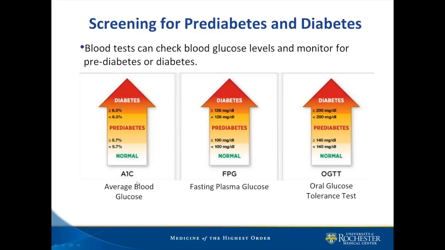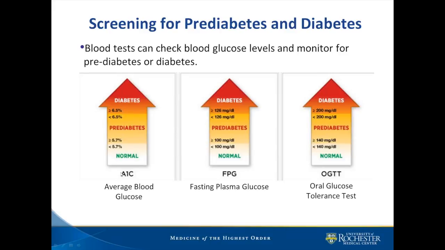One is called hemoglobin A1C, and hemoglobin in blood binds glucose through a non-enzymatic reaction, and over a period of 2 to 3 months, it accumulates glucose, and it's kind of like your average glucose level over 2 to 3 months that gets bound up to the hemoglobin.